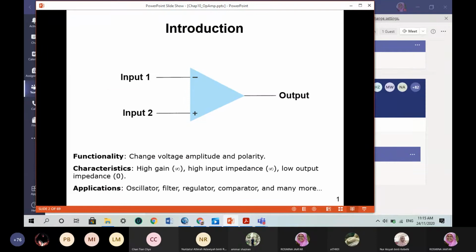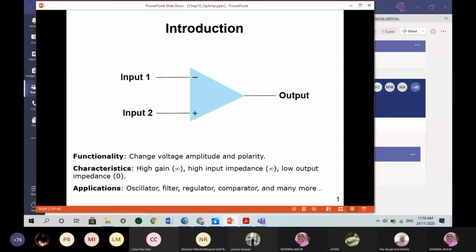When we say operational amplifier, you will see this symbol. An Opamp is represented as a triangular shape device with two inputs and one output. In terms of its functionality, the Opamp changes the voltage amplitude and also the polarity of the voltage.